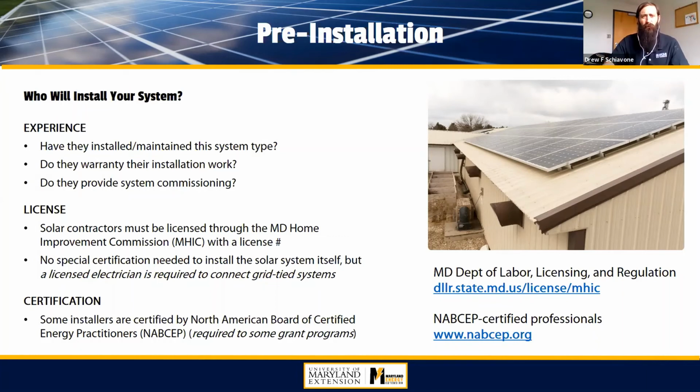You can see if they have a license number, if they're qualified to work in the state of Maryland. That said, there's no special certification needed to install the PV system itself. So technically you could do it yourself. One caveat, you have to be a certified or a licensed electrician to install and tie into the grid. So that's one factor to take into account.